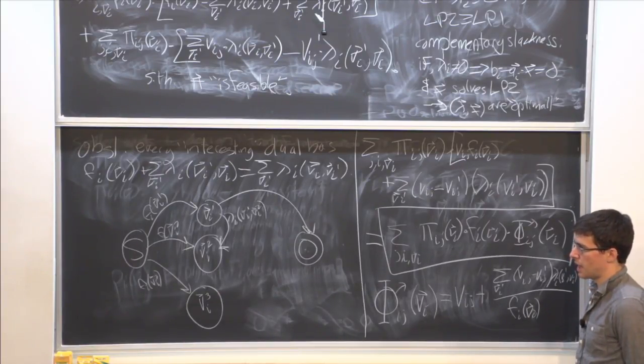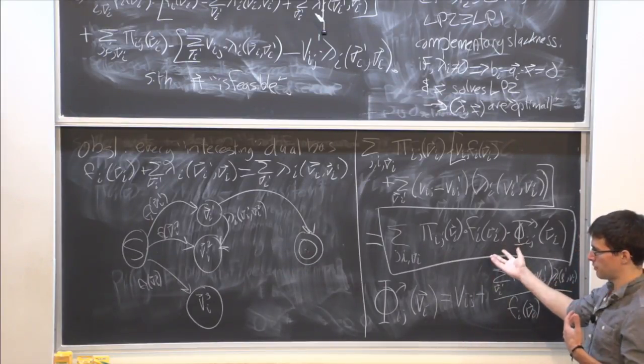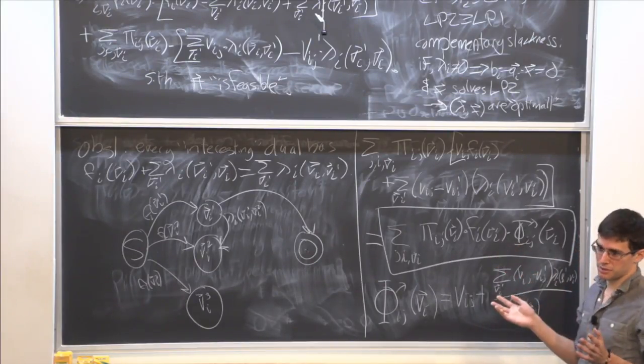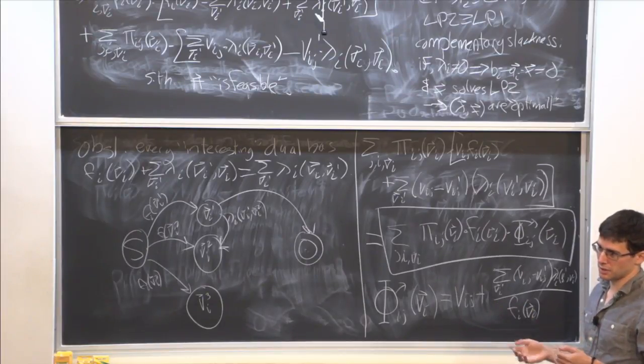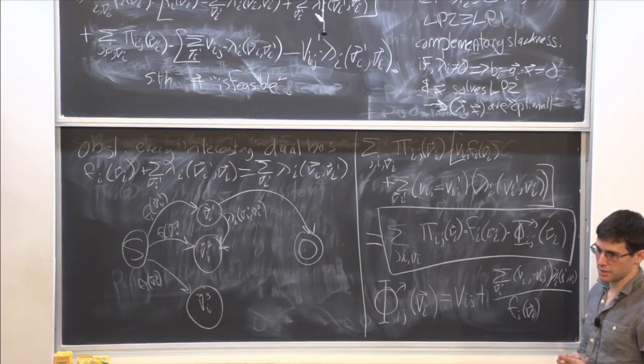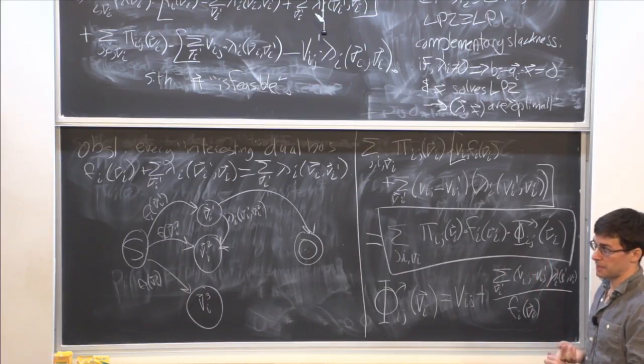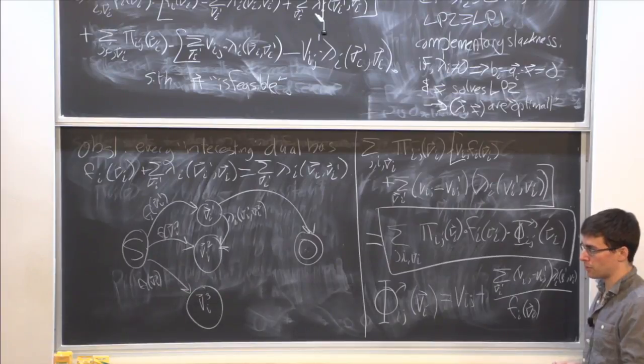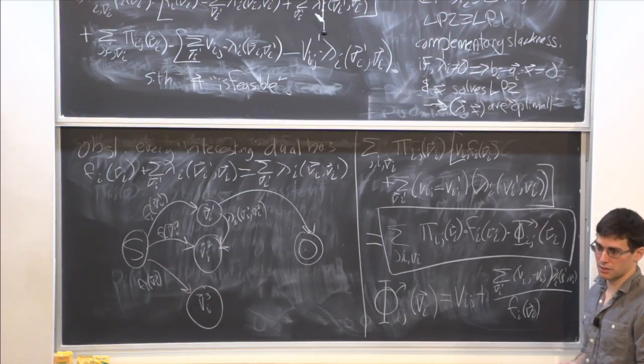You're asking if I were to give you these virtual values, however they happen to be in the optimal solution, and not tell you anything about duality, could you look at it and say that's an interesting function? For the single item case, the answer is yes. I can say something about that once I show you how to derive it. Except for the single item setting, I'm not aware of any nice interpretation of what they are.